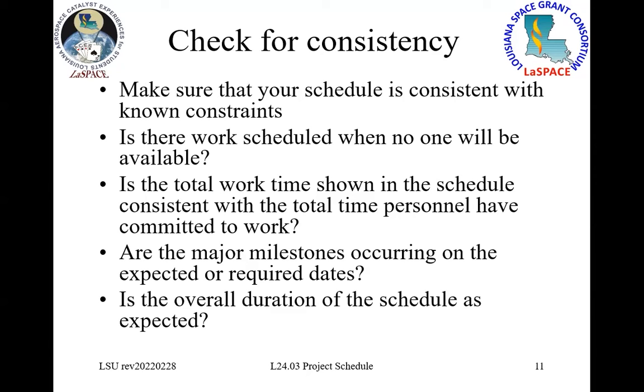If you end up having 30 hours of task time in a week with 2 persons who can commit to only 10 hours a week, that's going to be a problem. You're overcommitting those personnel. And then I've already mentioned making certain that you make your major milestone, and that you end up finishing your project in the expected duration.